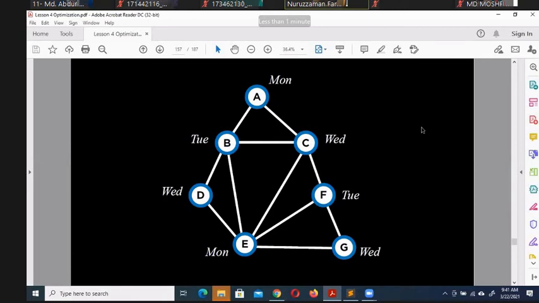So we have 4 students, each of the students taking 3 courses. We have 3 slots. And this data structure is showing us that if we organize it in this way, no student will have back-to-back exams on the same day.